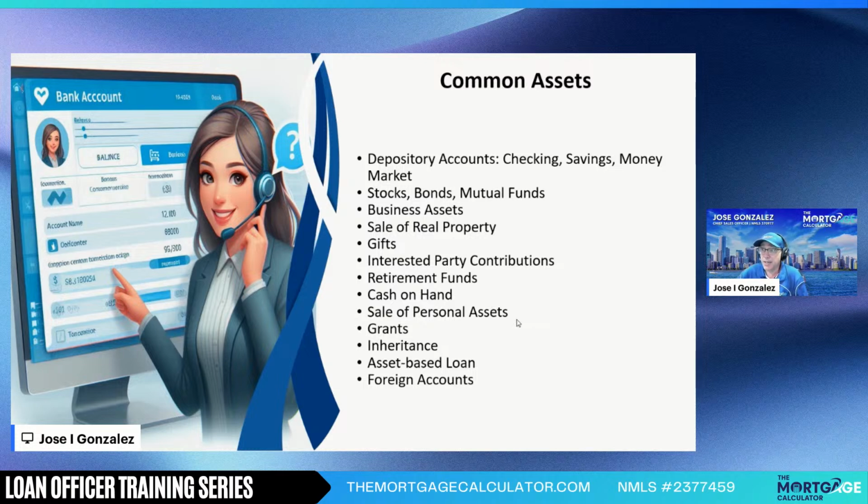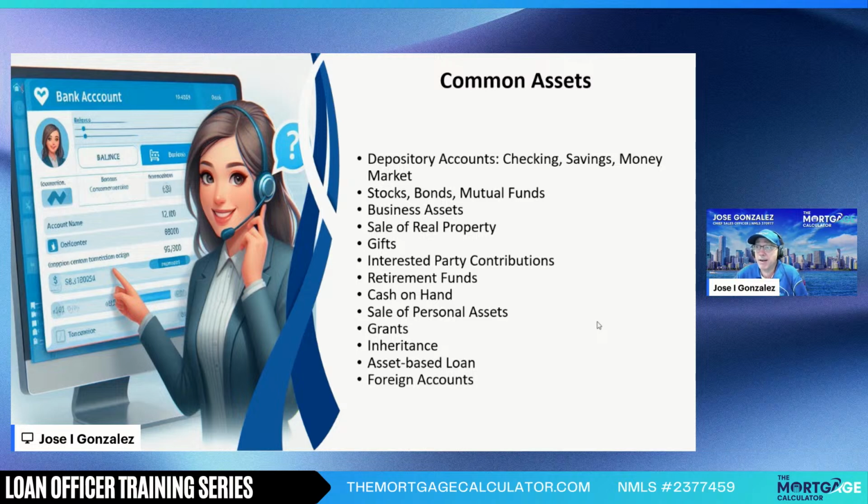Grants, another interesting category. Grants typically tend to be from government type agencies, whether federal, state, or local, usually involved with some kind of down payment assistance or income based assistance plan, where these grants will come into play.